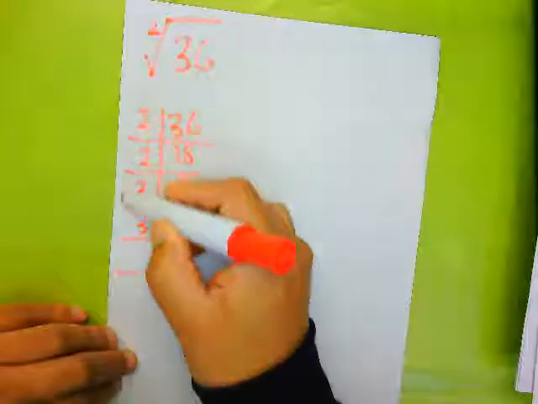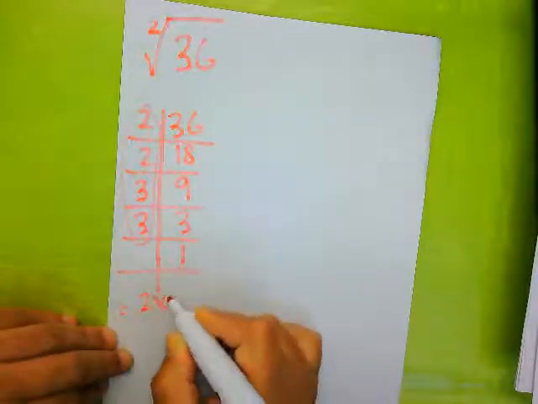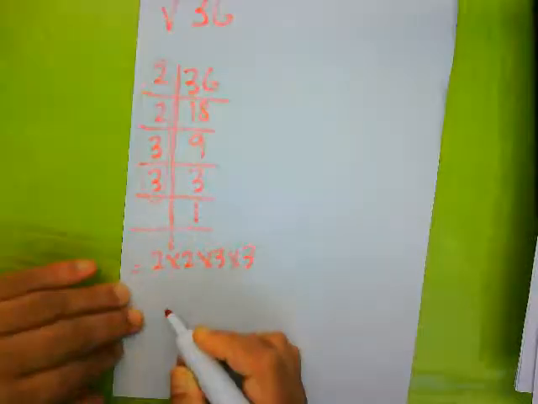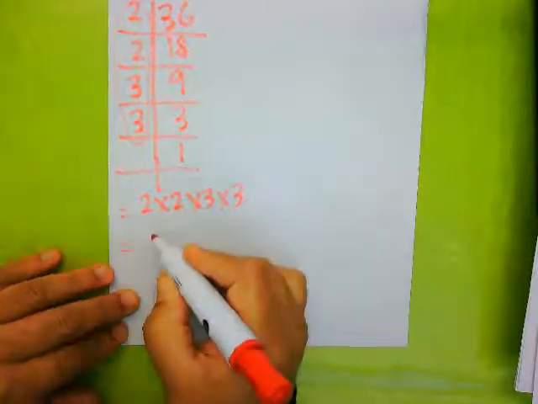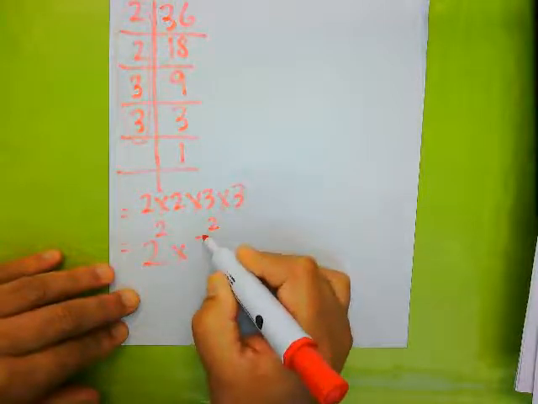This here on the left hand side is my answer. So it is 2 times 2 times 3 times 3. If I write that in exponential form, it will be 2 squared times 3 squared.